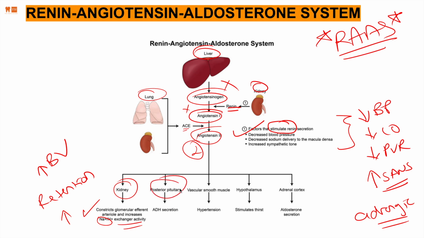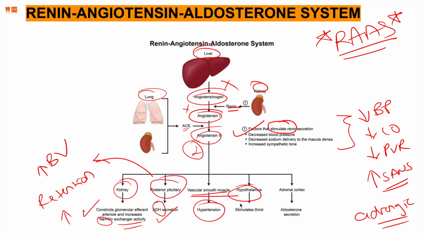On the posterior pituitary gland, we have antidiuretic hormone that is secreted, which means its job is to increase water retention, sodium water retention, increase in blood volume, increase in blood pressure. Also, it directly occurs on vascular smooth muscle, causing hypertension directly.